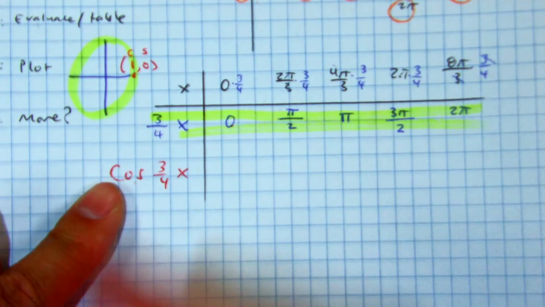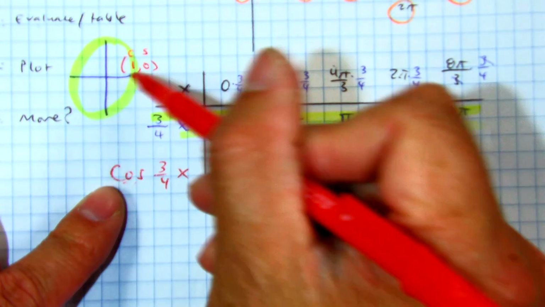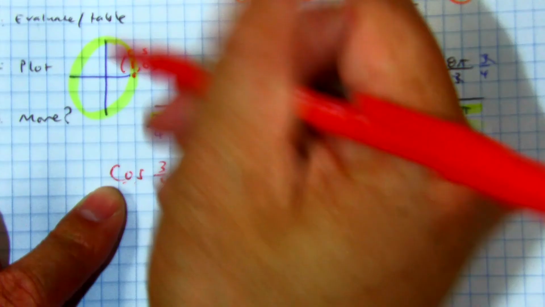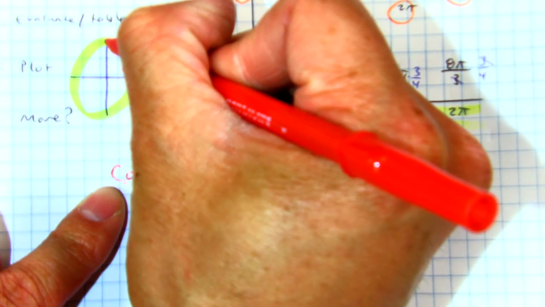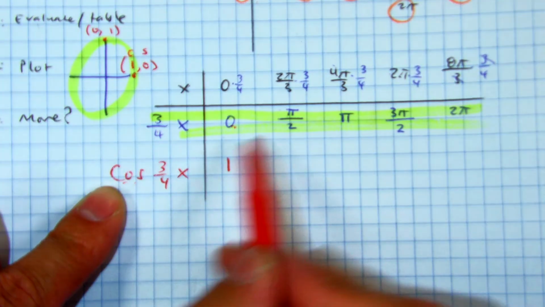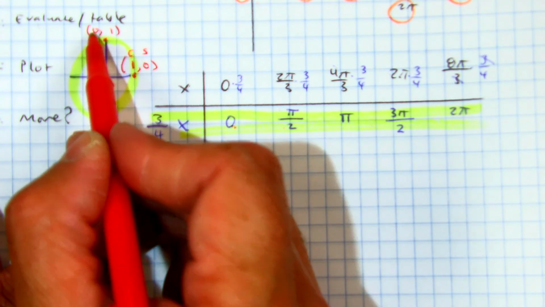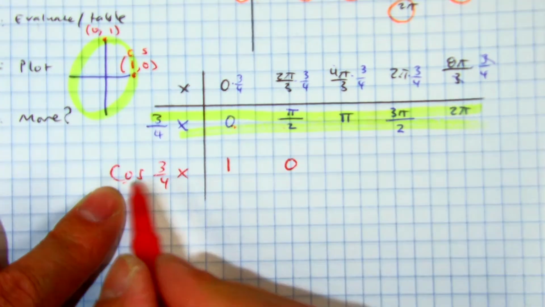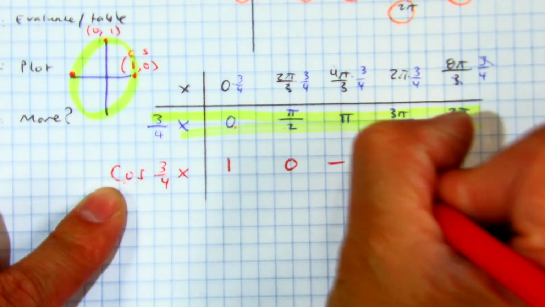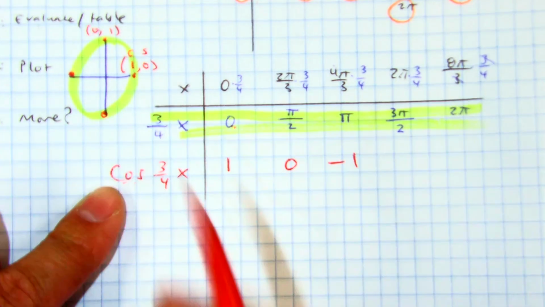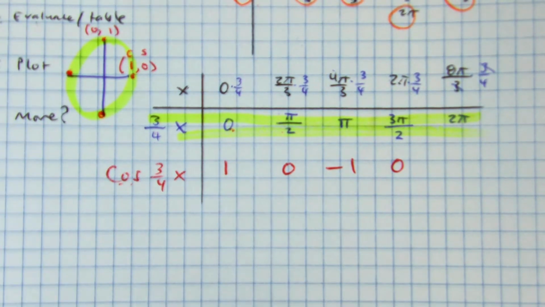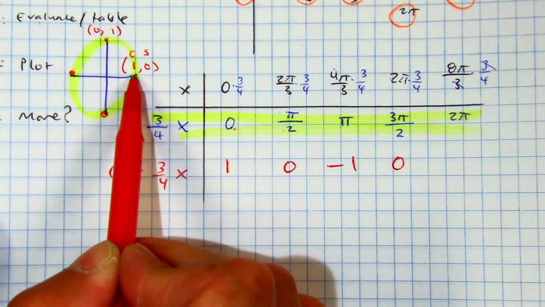So cosine at 0 is 1. We already did this yesterday as your warm-up. Class, what's the order pair? 0, 1. So cosine at pi over 2 is 0. Cosine at pi? Negative 1. Cosine at 3 pi over 2? 0. And cosine at 2 pi? 1.